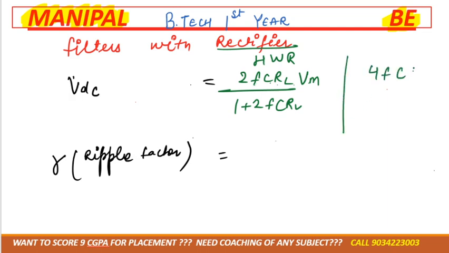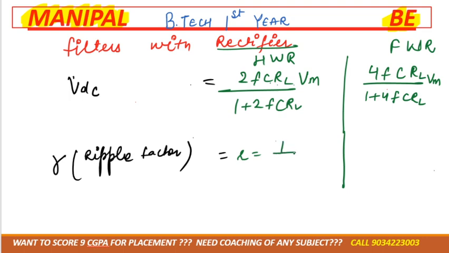For full wave rectifier it becomes 4 F C RL instead of 2. Similarly the ripple factor formula is 1 by 2 root 3 F C RL for half wave, and for full wave 1 by 4 root 3 F C RL. Okay, check this once.